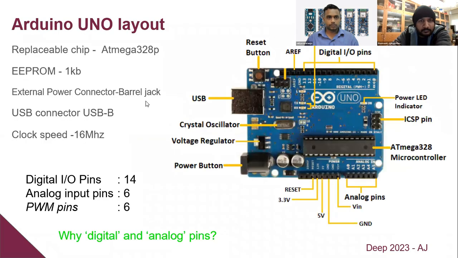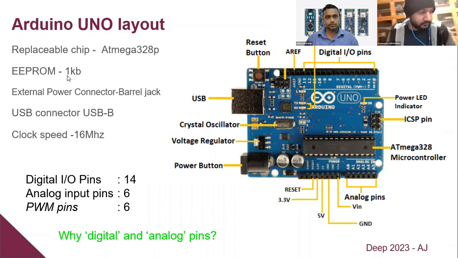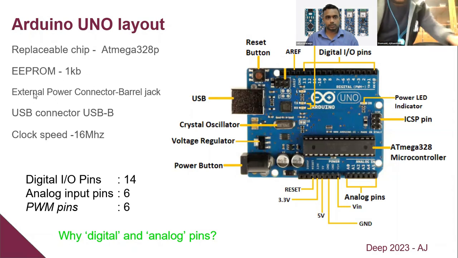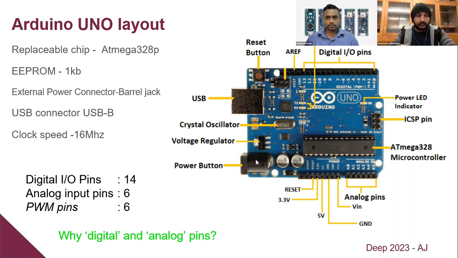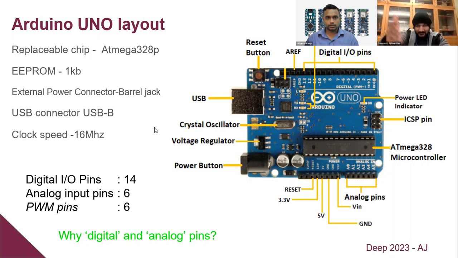Now, if we look at the Arduino Uno hardware layout, it contains an ATmega328P processor with EEPROM of 1 kilobyte, with an external power connector and a USB-B port.